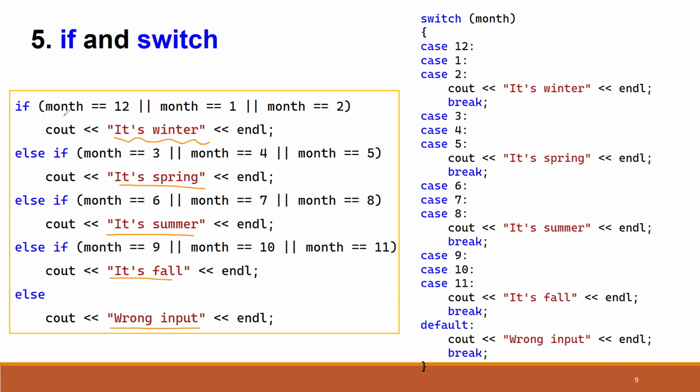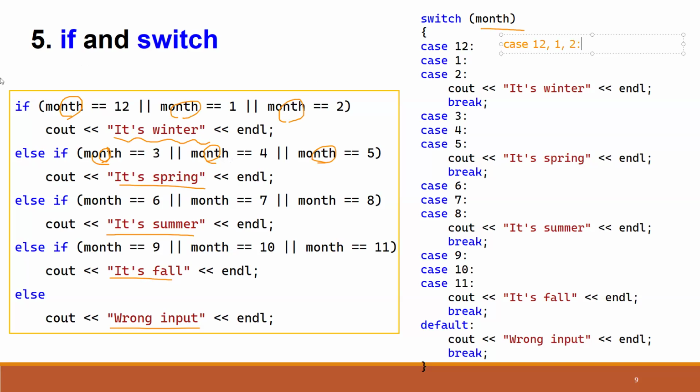So month is important, right? We will check the condition with the value of month, so you should provide month here. And case 1, guys, this is not possible. You cannot write case 12, 1, 2. It is not possible.